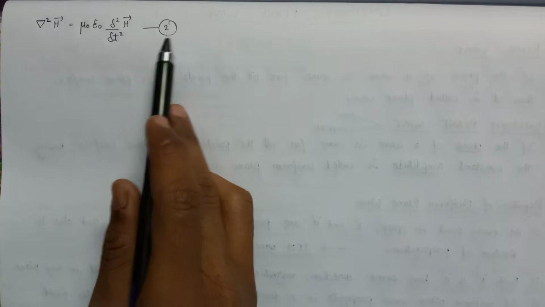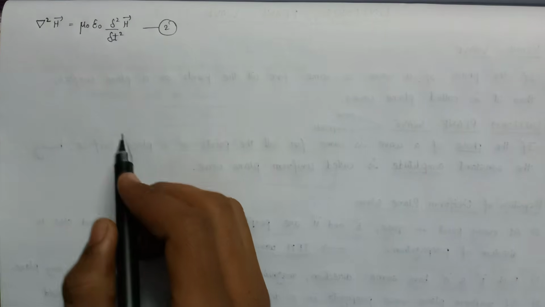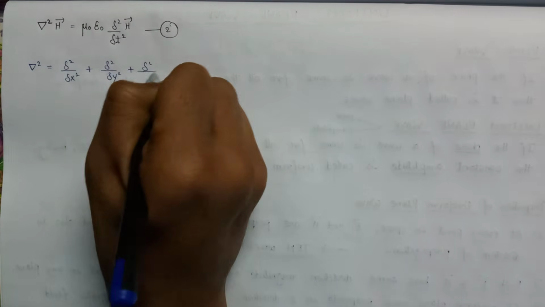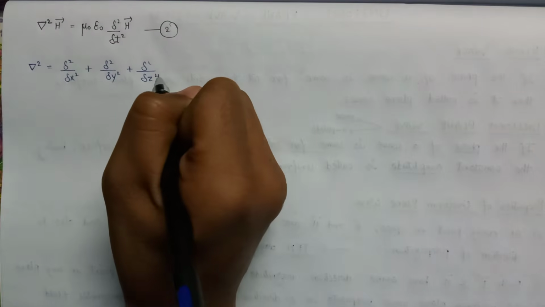Now similarly we do the whole procedure that we did for the electric field intensity also for the magnetic field intensity. So this is the general wave equation that is represented as equation number 2. Now here del 2 or del square can also be written as del 2 over del x square plus del 2 over del y square plus del 2 over del z square.